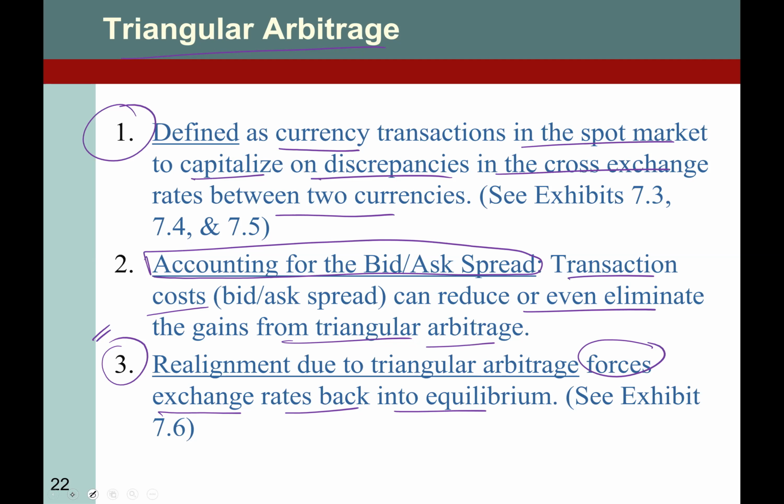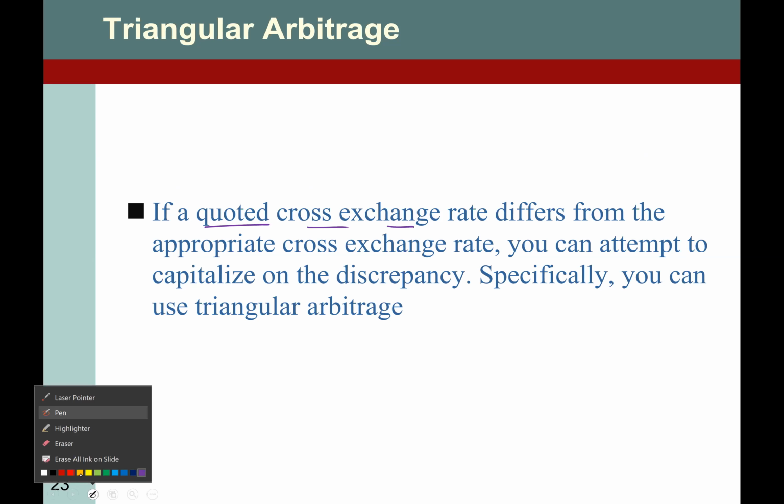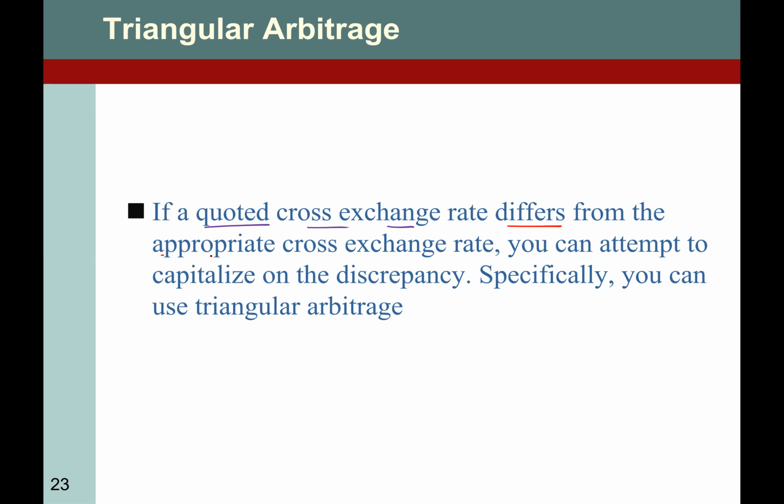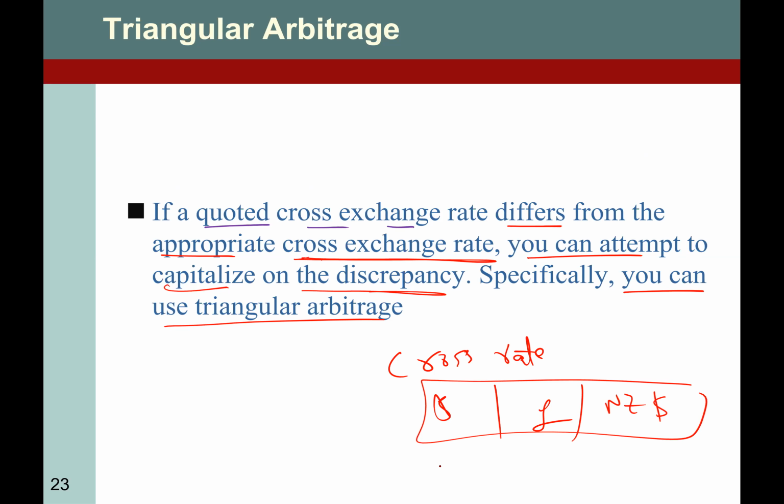So let's talk about an example to help you understand it. If a quoted exchange rate differs from the appropriate cross exchange rate, then you can attempt to capitalize on the differences or discrepancies. Specifically, you can use triangular arbitrage. Basically, we are playing with cross rates. In cross rates, three currencies are used, so that we can make a cross exchange rate and compare.